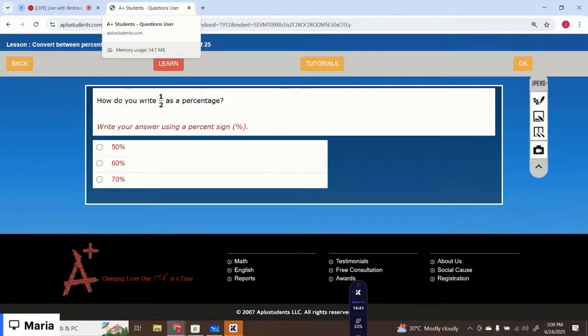How do you write 1 by 2 as a percentage? 1 by 2 as a percentage equals 50%, option one is the correct option.